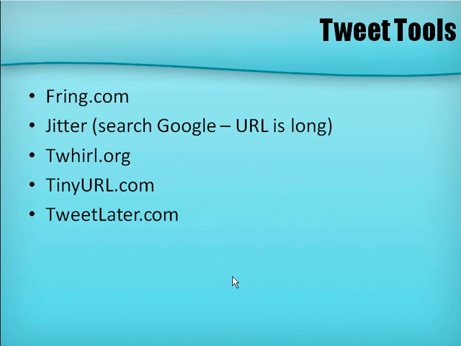Now, real quick, we're going to go ahead and take a look at some tweet tools. These are things that you're going to be able to use to make your experience with Twitter a little bit more enjoyable, or at least a little bit more accessible if you're not already there. We already talked about tiny URL, right? You know what that is.